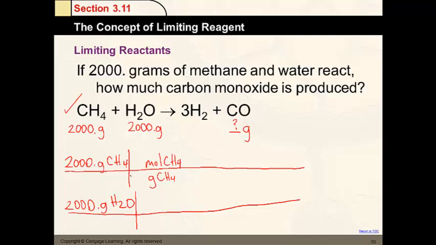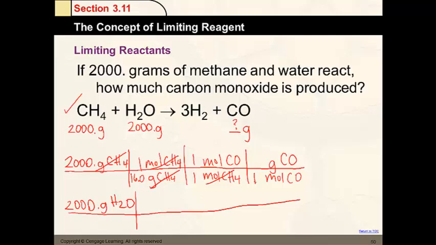The molar mass of methane is 1 carbon and 4 hydrogens, and it's 16 grams per mole. And that will be the calculation there. We're going to convert now from moles of methane, CH4, to moles of what we're looking for, which is CO. And it is a 1-to-1 mole ratio. The last calculation is to convert from moles of CO to grams of CO. It's the amount of the product.